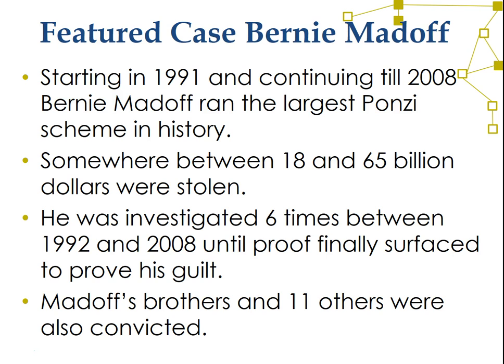So our featured case for tonight is going to be the Bernie Madoff case. Now, starting in 1991 and continuing until 2008, Bernie Madoff ran the largest Ponzi scheme in history, and somewhere between $18 and $65 million were stolen.